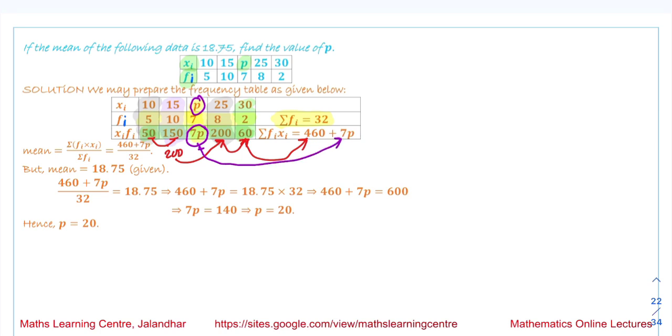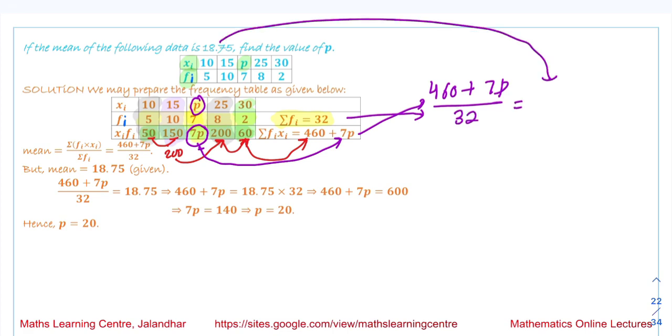So the sum of all these values we are getting, it is 460 plus 7P, and the value of mean that we will have, 460 plus 7P divided by sigma fi, it is 32, and the mean is given to be 18.75. So what we get is that 460 plus 7P, that is equal to 18.75 into 32.